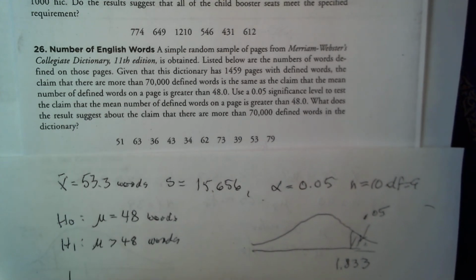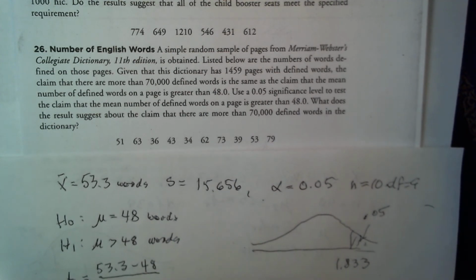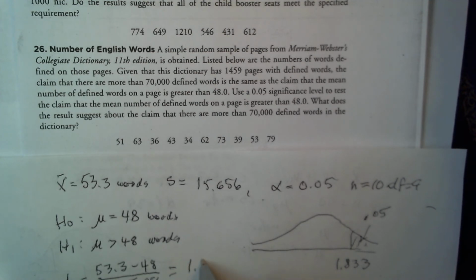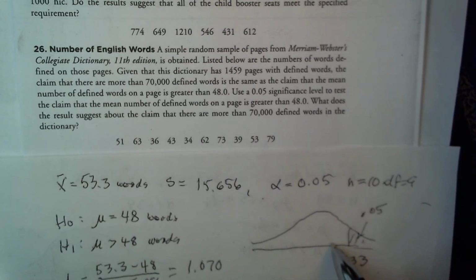And when we compute our test statistic, which would be 53.3 minus 48 divided by the sample standard deviation of 15.656 divided by the square root of 10, that is equal to 1.070. So in other words, our test statistic comes in here somewhere.